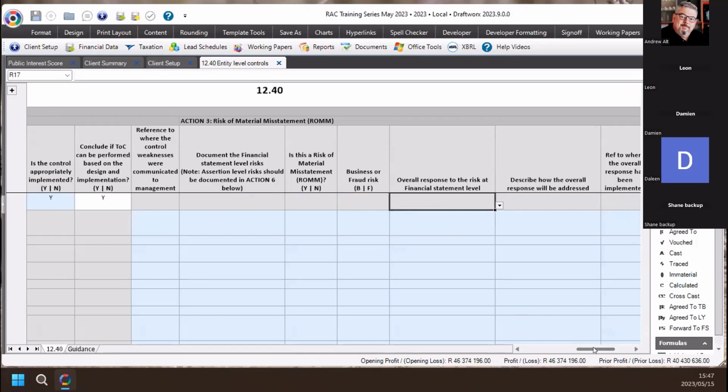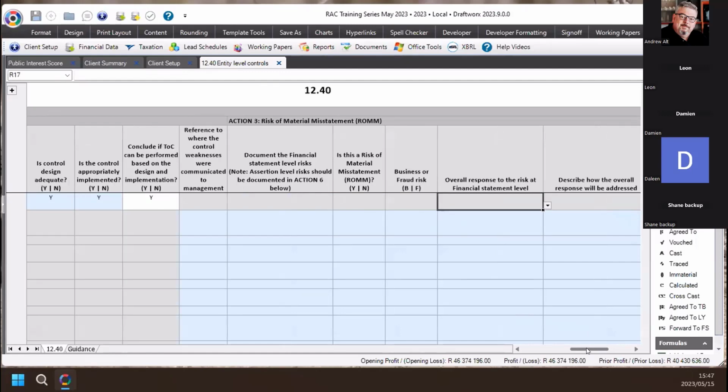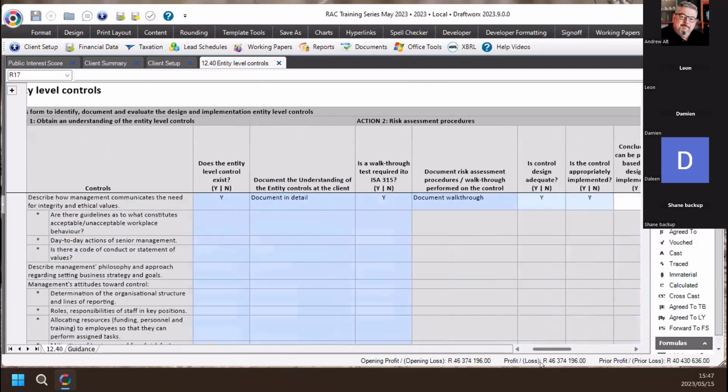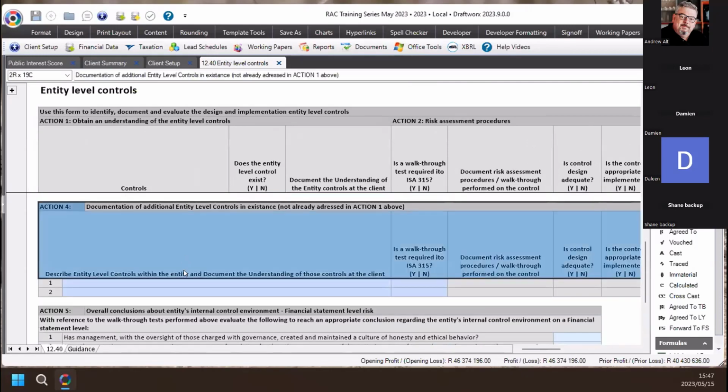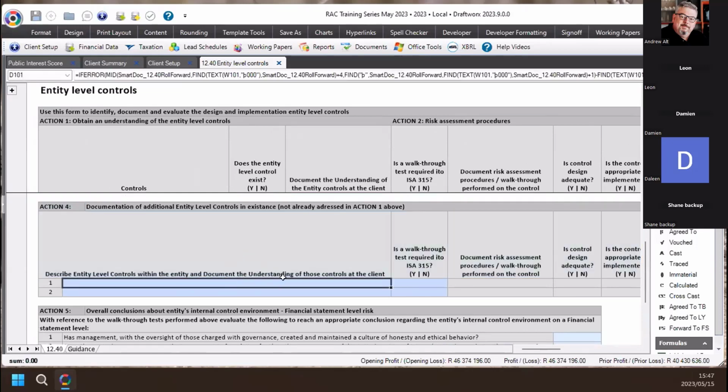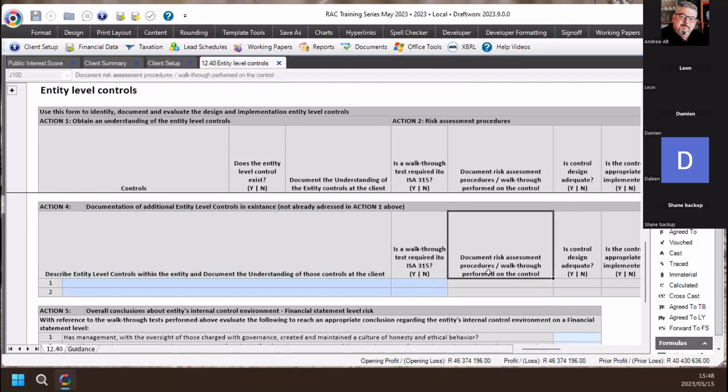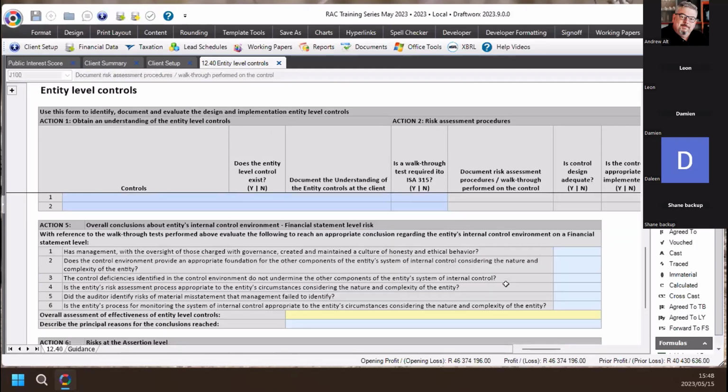But you might find that while you're testing, you're finding other risks that could be assertion level risks, and that can be documented in action 4. But at this stage, unless you are specifically finding controls and specific assertion level risks, you don't need to worry about that at this stage. So here you're seeing document those risks at the end of the day.